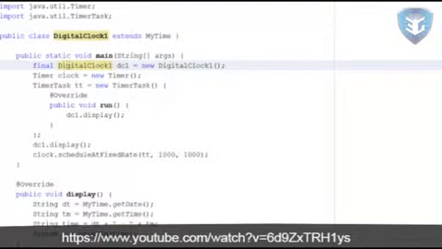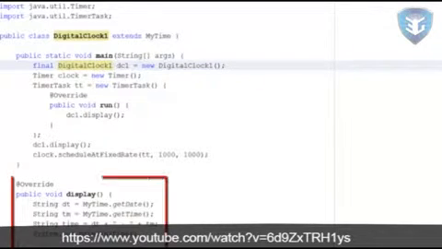I can leave that as it is. But it extends MyTime, and because MyTime has the abstract class in it, you'll notice that down here I have @Override, which means that we're creating another instance of it, and then void display is the method that I'm forced to implement by the abstract class.